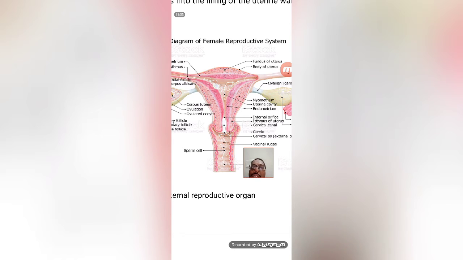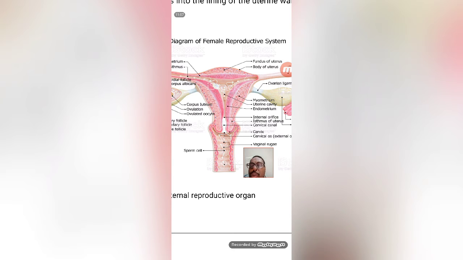This uterus is very much supplied with arteries and veins, because the uterus is the only area where the fertilized ovum, the zygote, can come and attach. Apart from that, it can't attach anywhere.